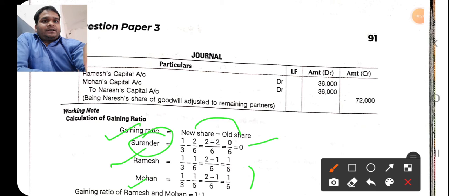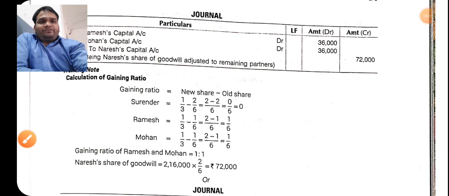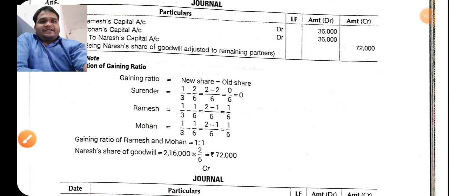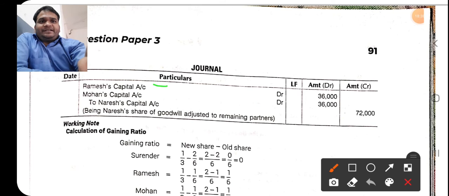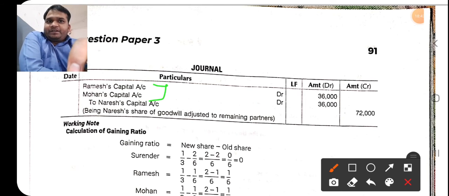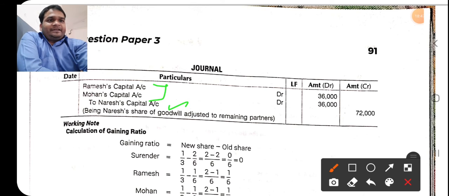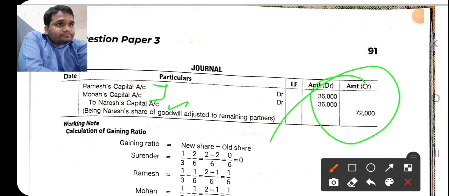So we have to calculate what amount Naresh will get. As I have told you, 2 upon 6 of 2,16,000, that is 72,000, he will get. And who is compensating? The continuing partners, Ramesh and Mohan, are compensating. So this account will be debited and this account will be credited, and this is how the journal entry will be made.